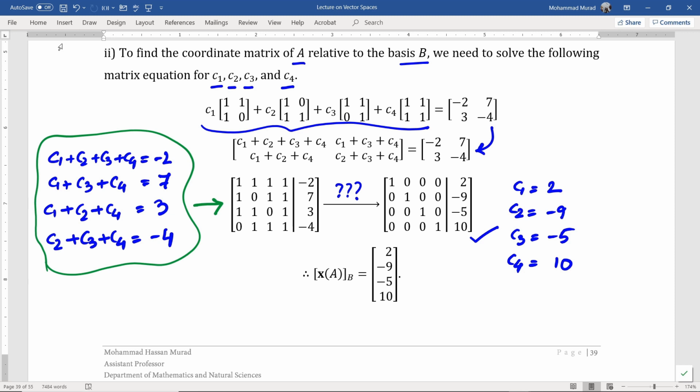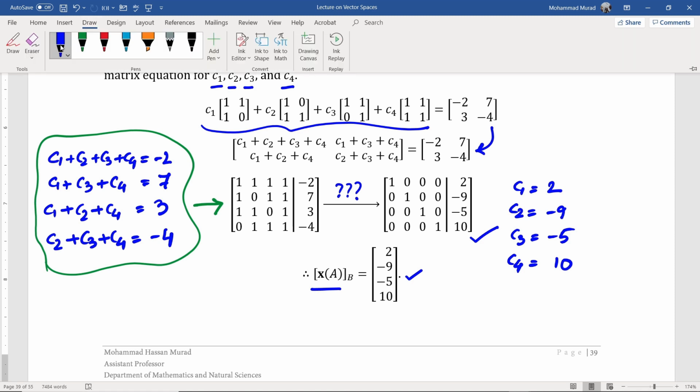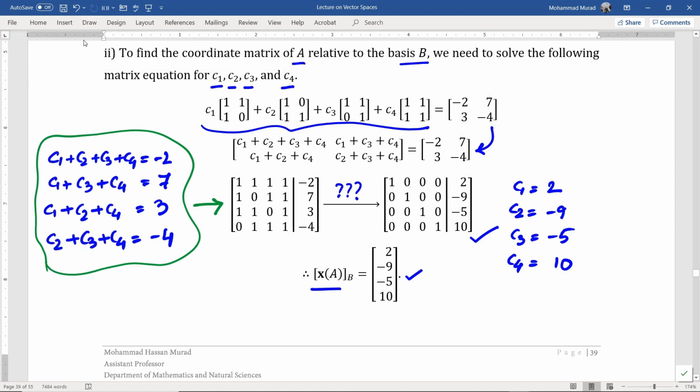So if we write these coefficients into a column matrix, it gives us the coordinate matrix of the matrix A relative to the basis B. So we see that the matrix A has this coordinate matrix relative to the basis B.